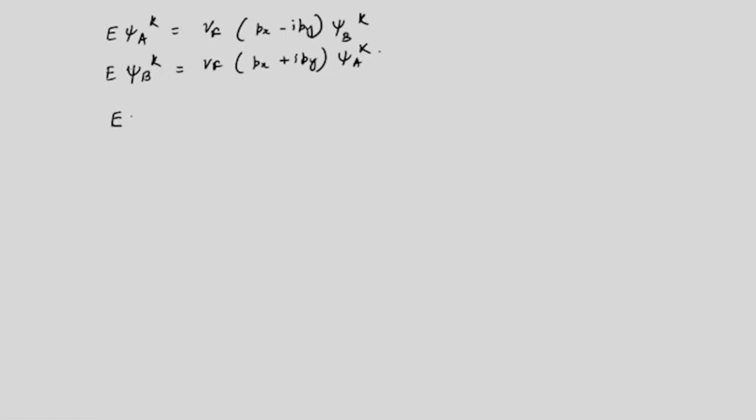So, we again solve these equations by substitution. E square psi A K, exactly similar to what we have done earlier, is equal to h cross square Vf square (px minus i py)(px plus i py) psi A K. Now, remember these px and py include the vector potentials, which we have not written here, but they would eventually include this.